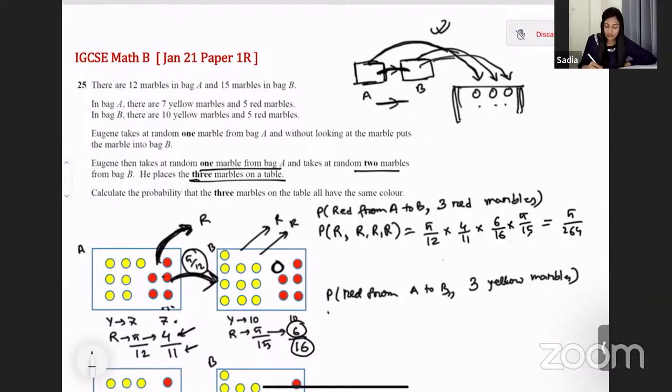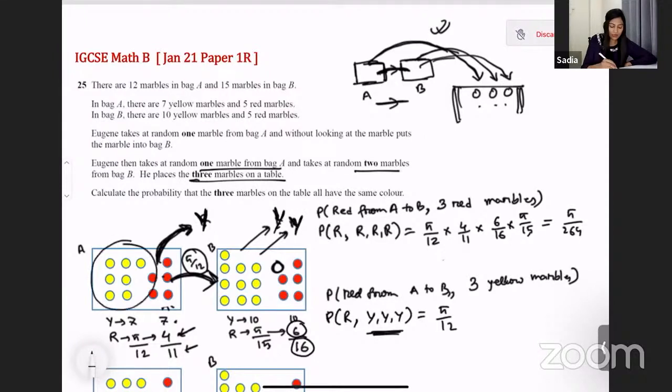Similarly, if I select red at the very beginning, but then all the 3 marbles are yellow, I will be using that value. So the first phase is 5 by 12, it's fixed, so I will be using the value directly. But this one, I need to check, right? Now we will select 3 yellow marbles. So the first yellow marble from bag A, number of yellow is 7, total is 11.